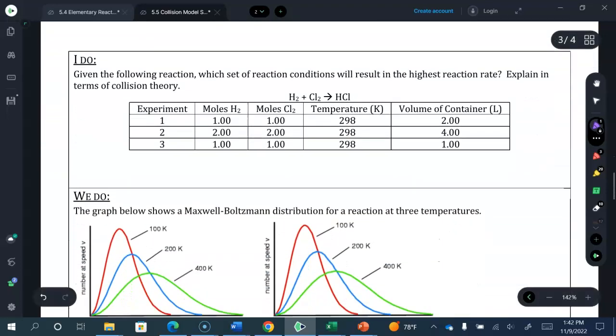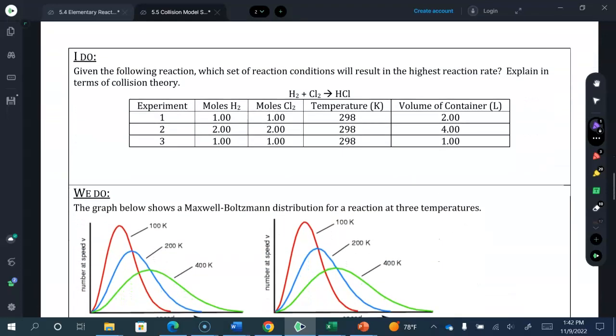So looking at some practice problems, given the following reaction, which set of reaction conditions will result in the highest reaction rate? Explain in terms of collision theory. So we're going to look at this, and it's going to have to be something that first has more chances of collision, has the correct temperature or enough energy, and has an orientation.